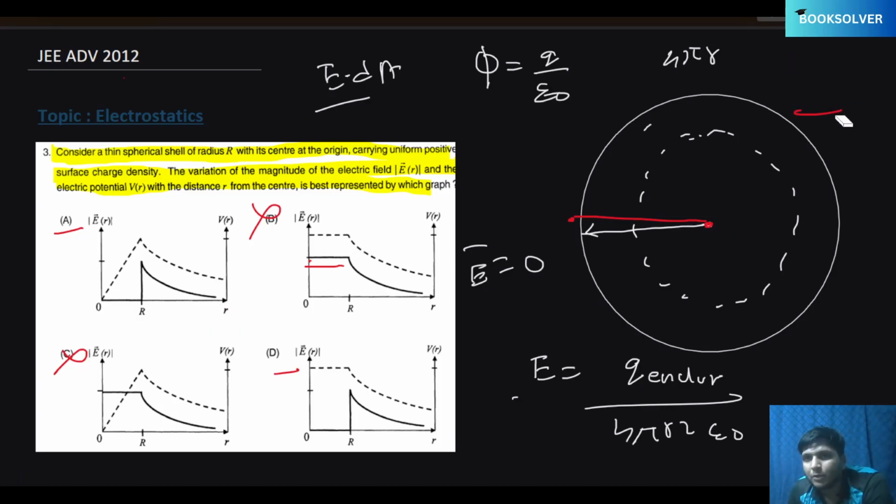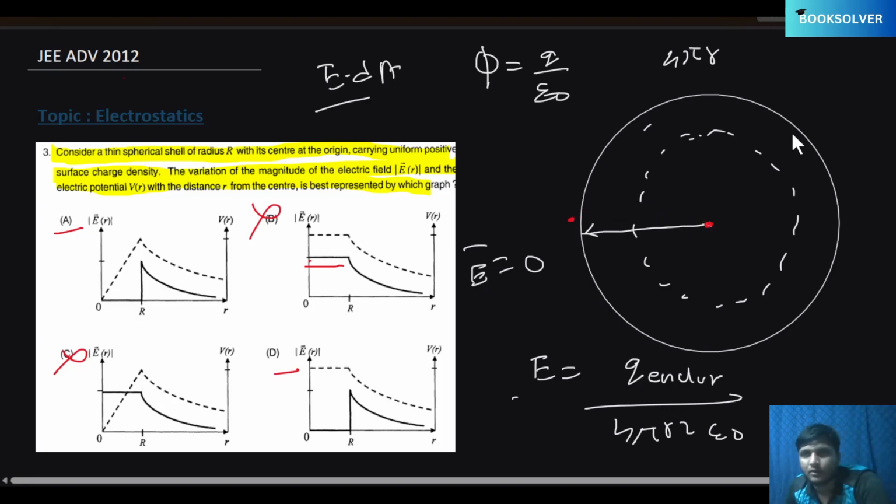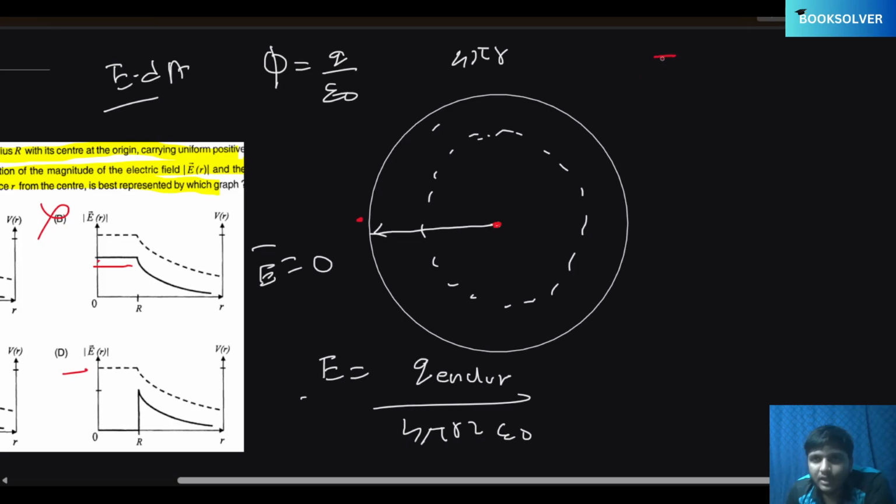Now moving to the potential here. What is potential? From the laws, we know that the electric field anywhere is equal to minus del V by del r. That is, V should be equal to E dot dr, whether the sign is positive or negative doesn't matter here.